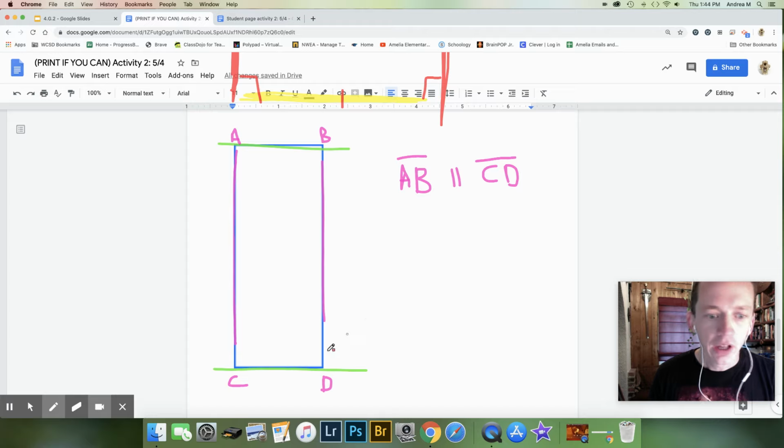And then we could also say, all right, well, AC is parallel to BD. Line segment AB is parallel to CD, and AC is parallel to BD.